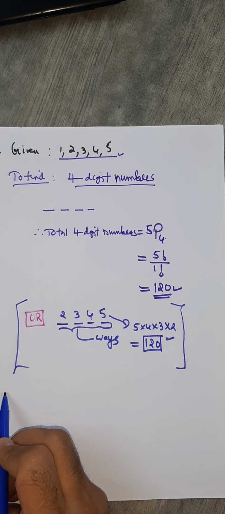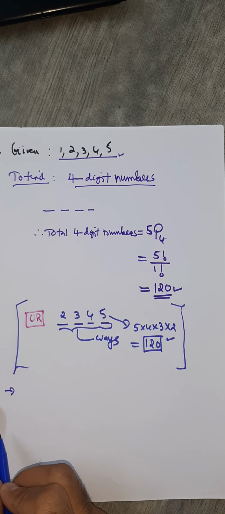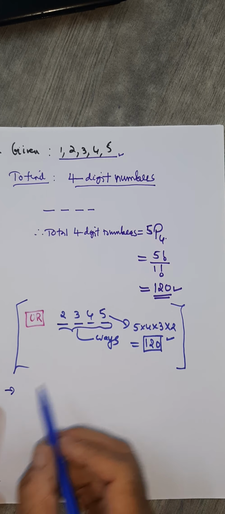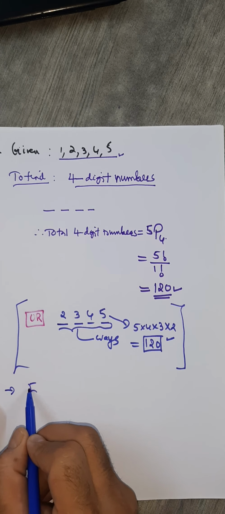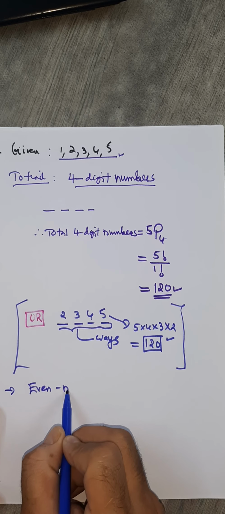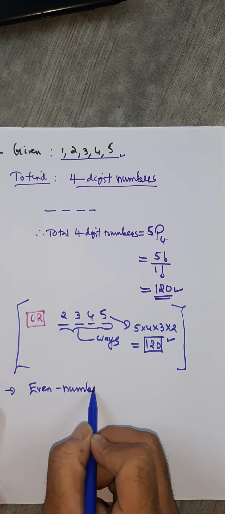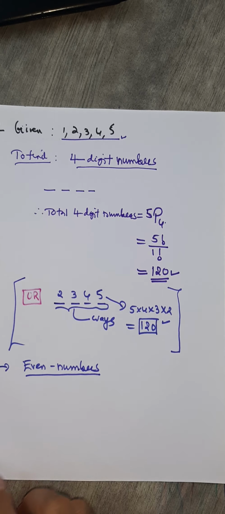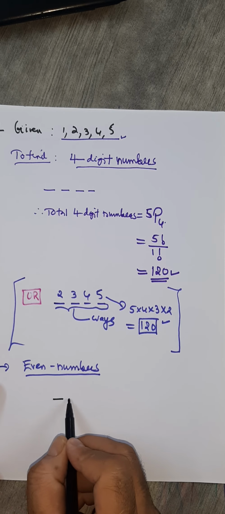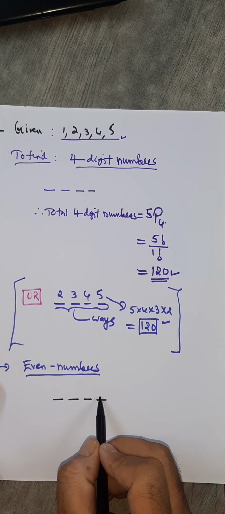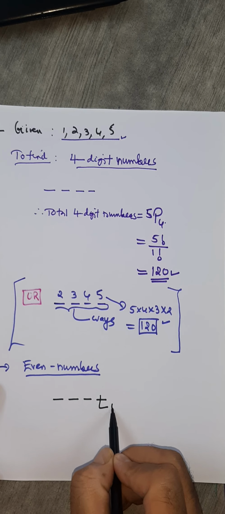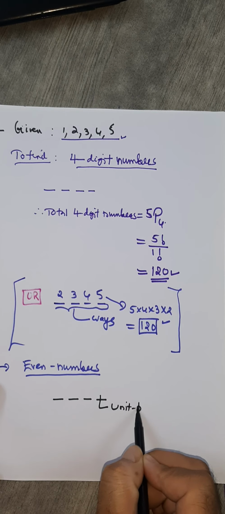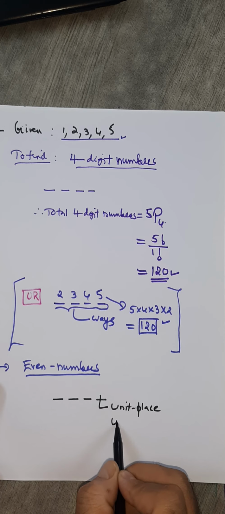Fine. Now here, there is one more question. How many of these are even? Out of these 120, how many are even numbers? So now even 4 digit numbers. So it's a repetition of the previous question. How many positions do you have? 4 positions. 1, 2, 3, 4. But this unit place can be filled up using even digits only.